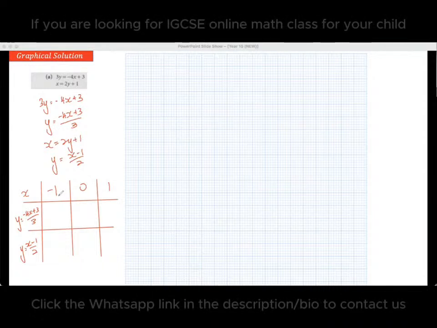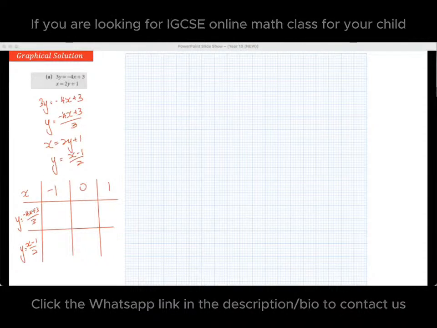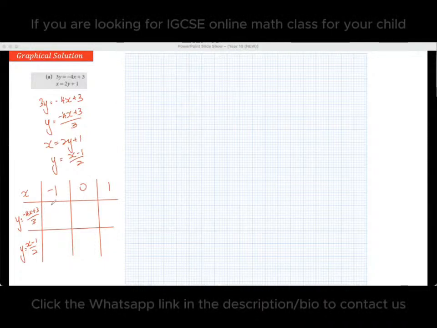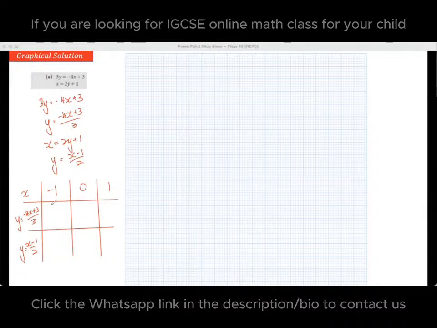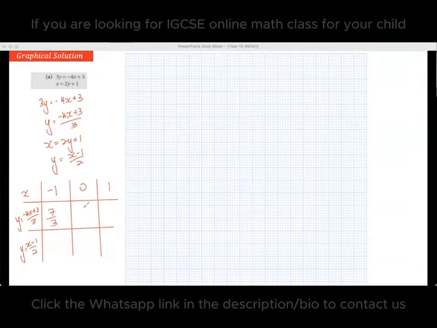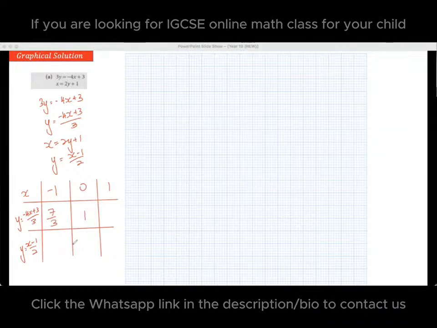So when x equals to negative 1, y will be 4 plus 3, 7, it is 7 over 3. So 7 over 3 is 2 and 1/3. Let's just write 7 over 3. Then this will be 1. Then this will be negative 1 over 3.